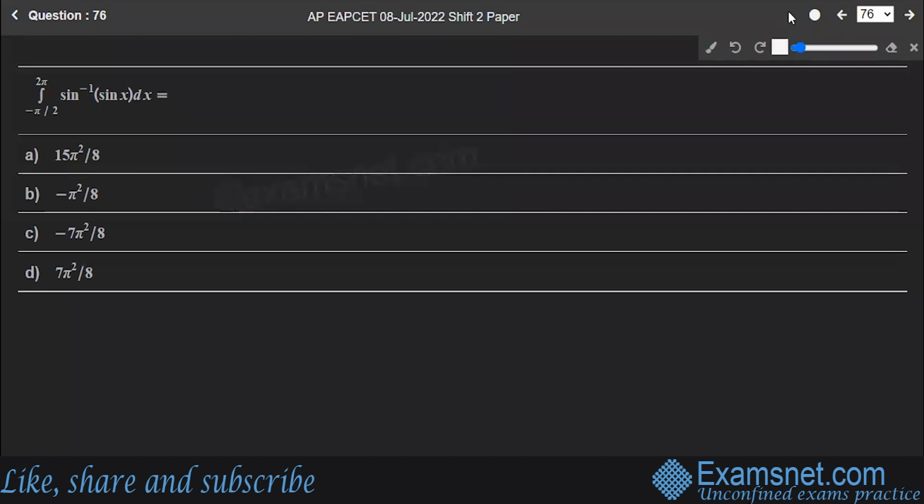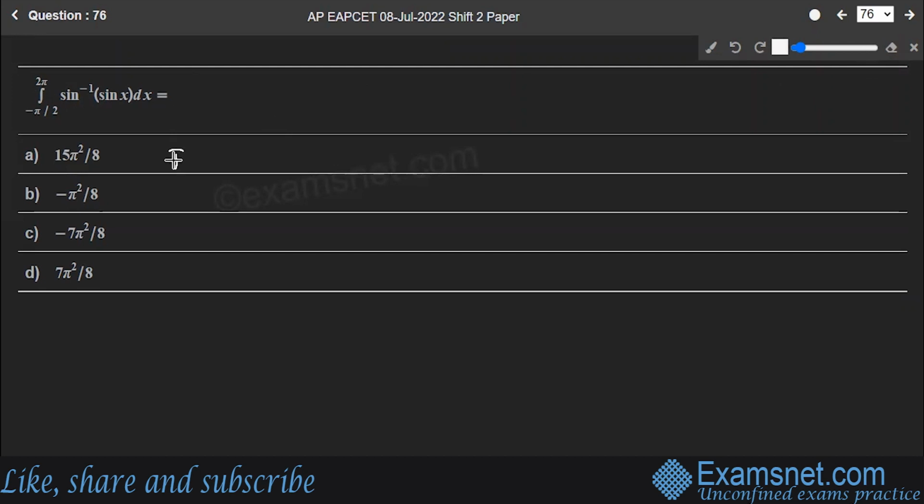question number 76. The integral with limits from minus pi by 2 to 2 pi of sine inverse sine x dx is equal to what? So let this whole expression be equal to I. Now I will break up the limits.